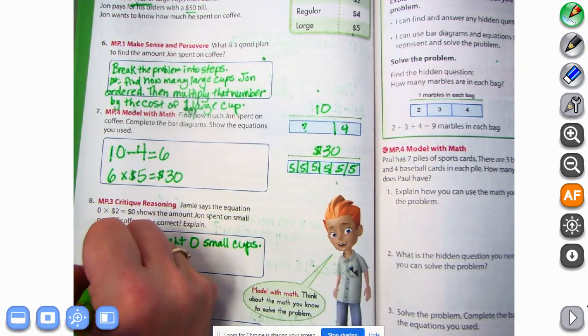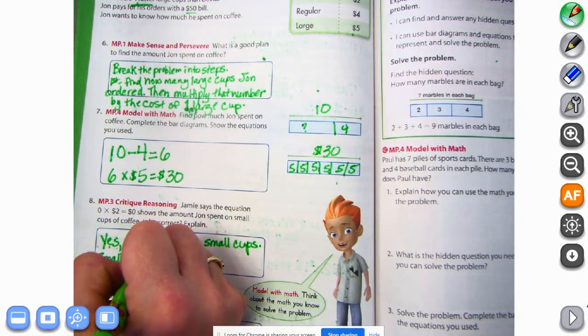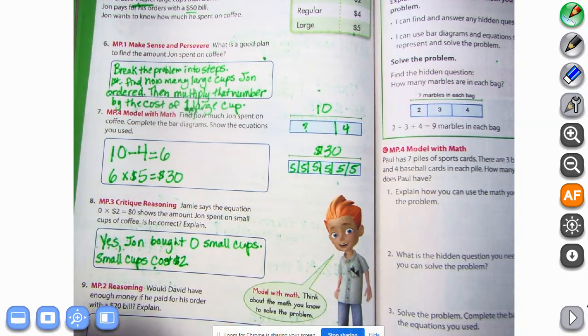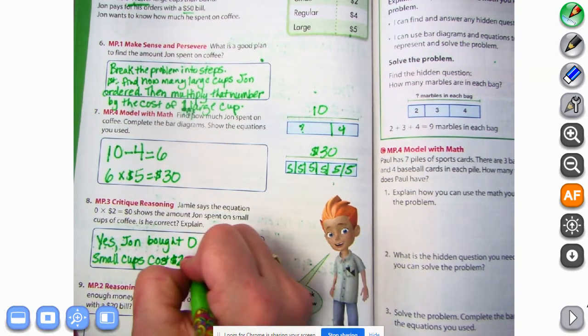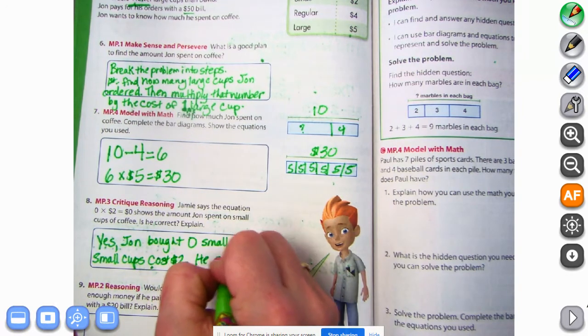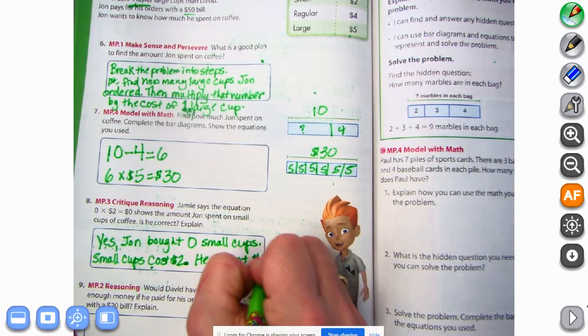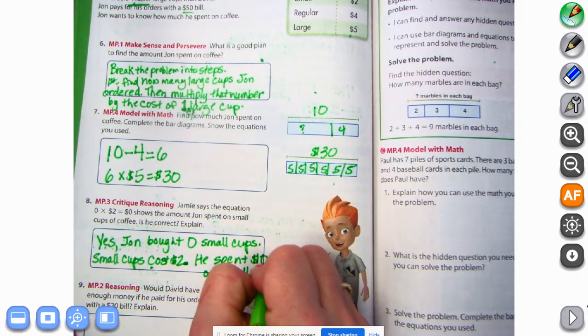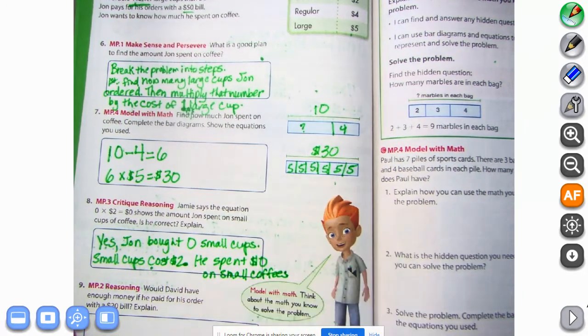Small cups cost $2. He didn't buy any, so he spent $0 on small coffees. Okay?